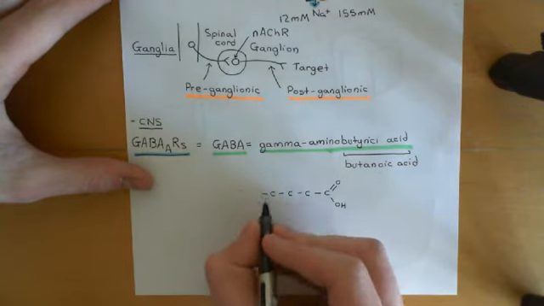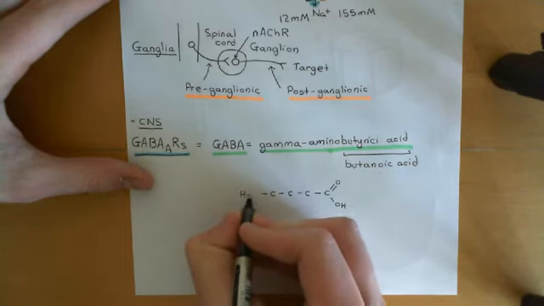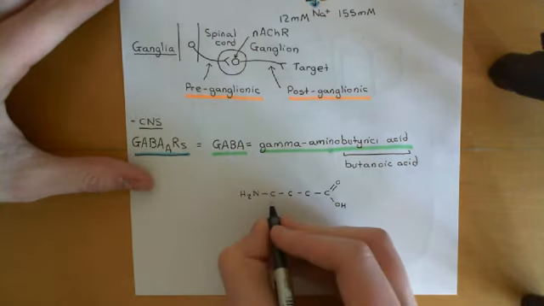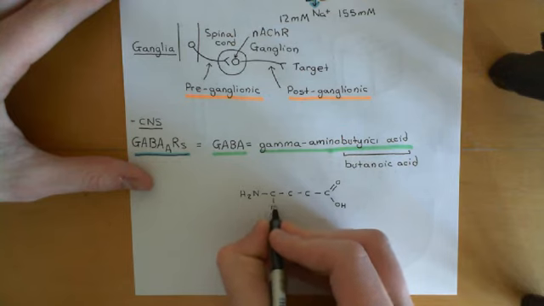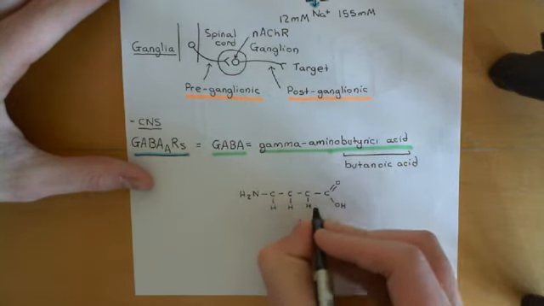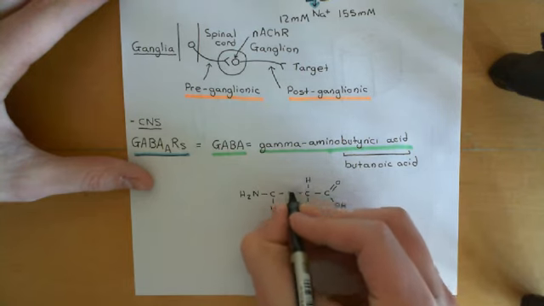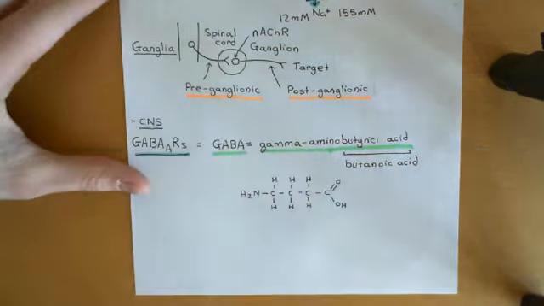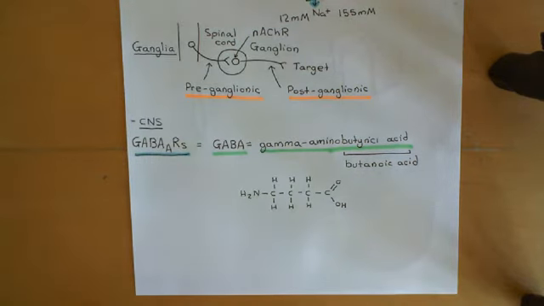So we want an amino group coming off this gamma carbon here, and that will create gamma aminobutyric acid. So now let me just finish the molecule off by sticking hydrogens on all the other places here. Just 2 more hydrogens to go. Right, so that's the gamma aminobutyric acid molecule. That is GABA, the major inhibitory neurotransmitter in the brain.